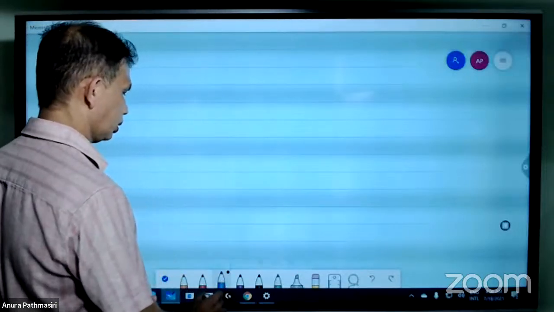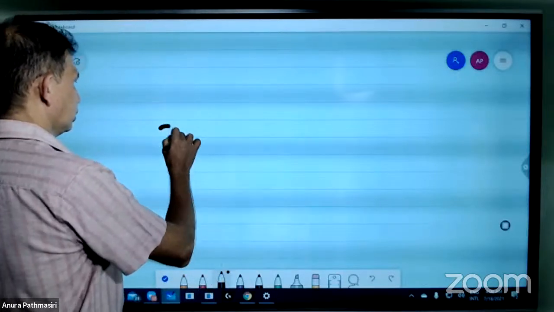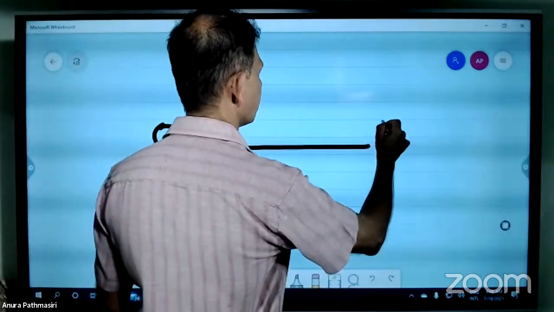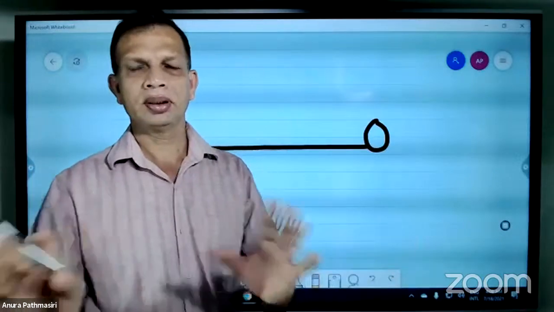If you consider the motion in a straight path of any object, an object can be moving from one place to another, and its motion can be different.